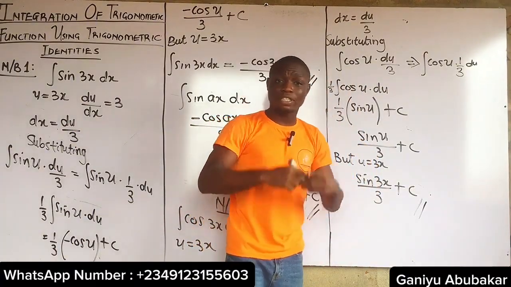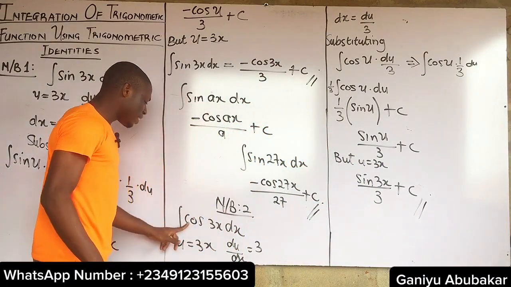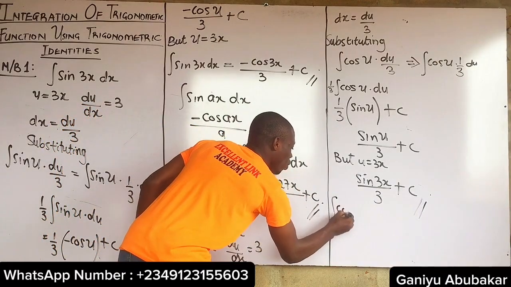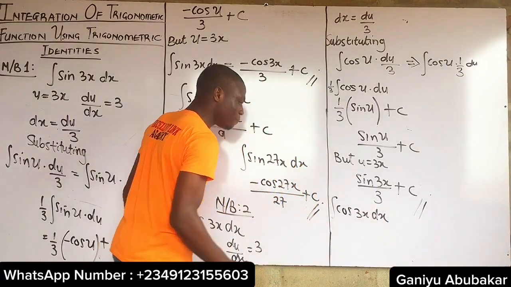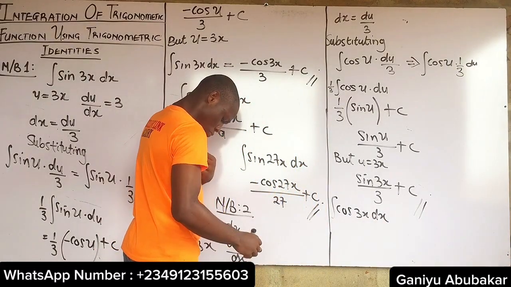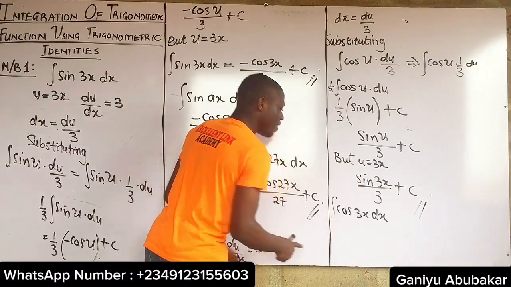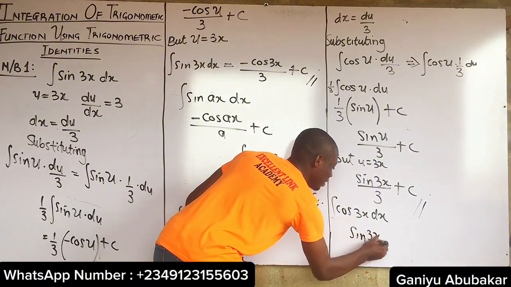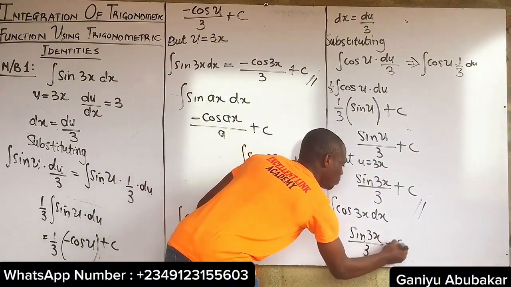So the concept is still the same. What's the shortcut here? If I integrate cos 3x dx, the concept is quite simple: the sine 3x all over the derivative of 3x, which is 3, plus c.